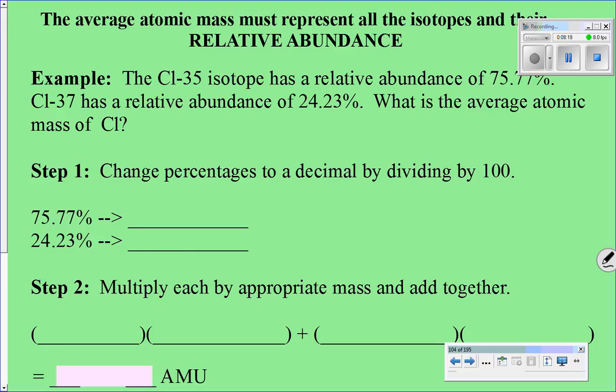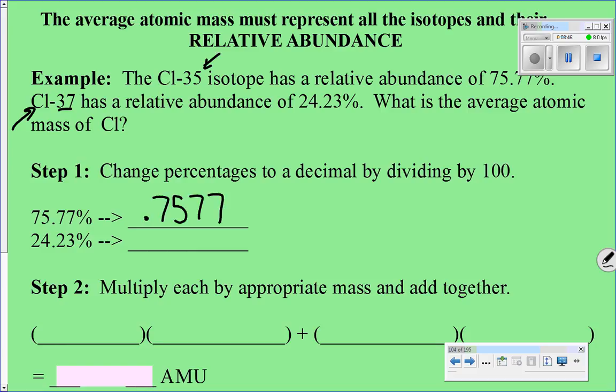We're going to do a relative abundance calculation like something you would see on a Regents exam. Chlorine 35: the 35 is talking about our mass, and it has a relative abundance of 75.77. Chlorine 37, with a mass of 37, has an abundance of 24.23. To calculate the average atomic mass, the first thing I want to do is change my percentages to decimals.